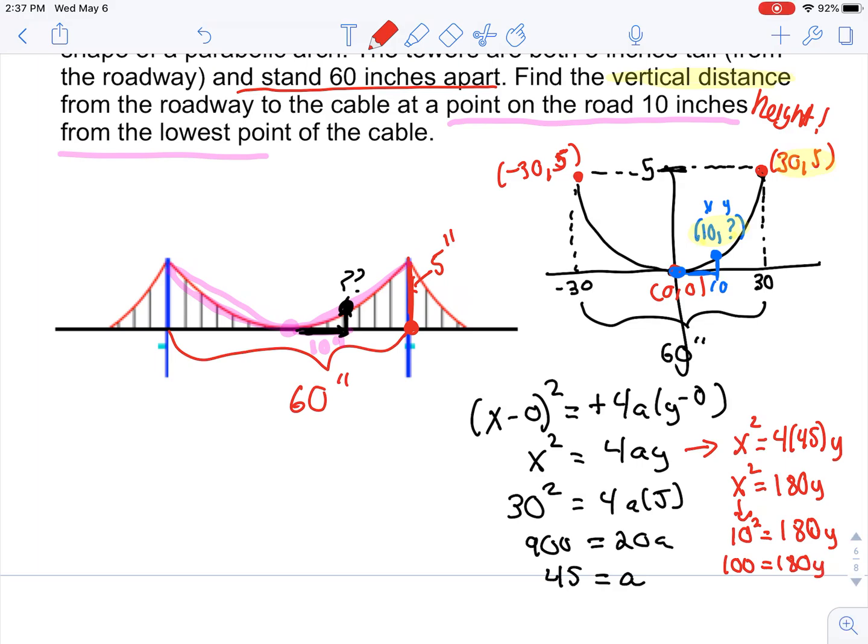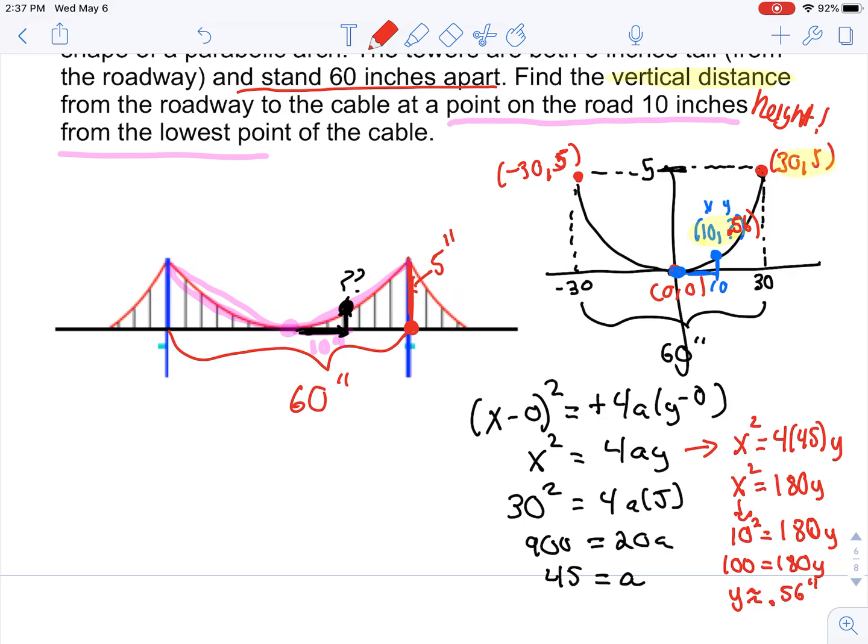When I do 100 divided by 180, looks like our y value is approximately 0.56 inches. So if I go over 10 units, I'm only going to be at a height of about 0.56 inches.